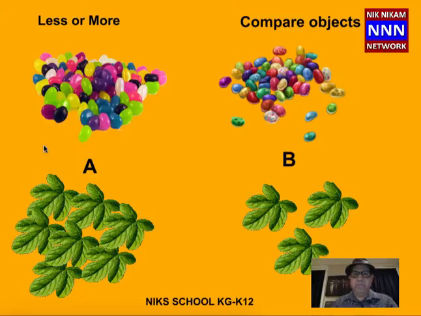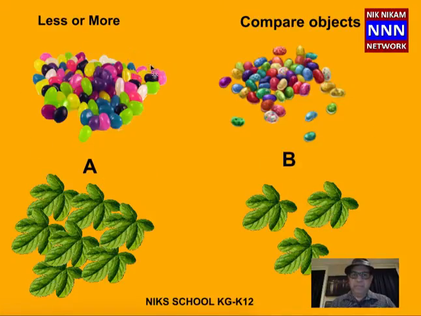Here we are going to compare two objects based on whether there is less or more. Look at the first group of jelly beans and then look at this group of jelly beans. This is A and this is B. Which one has more jelly beans, A or B?